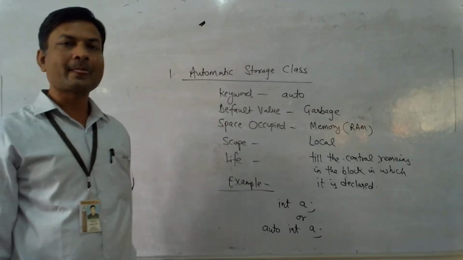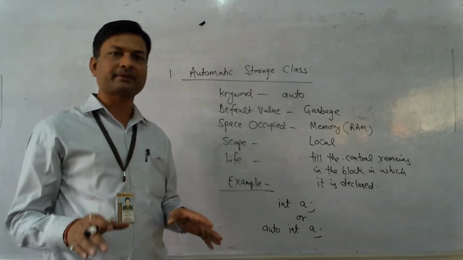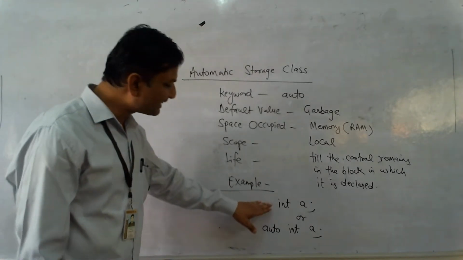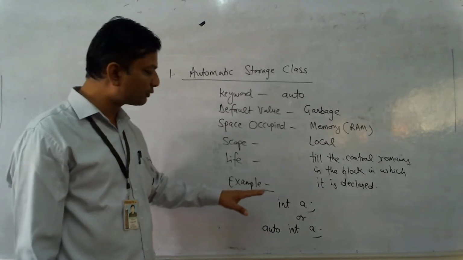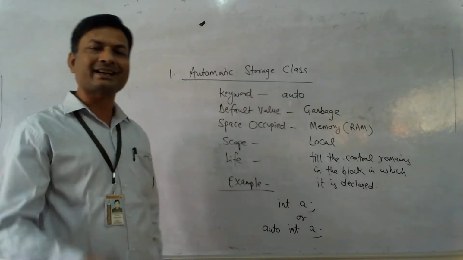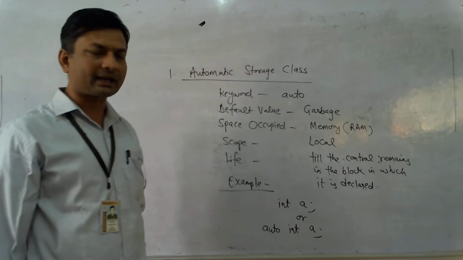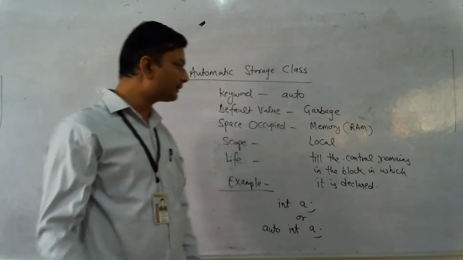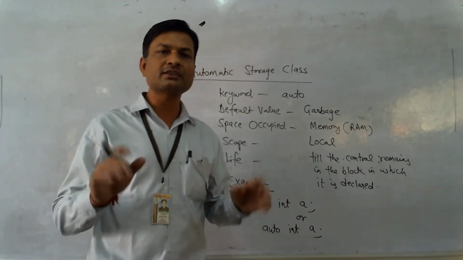It means that all the variables that we have declared till date belong to automatic storage class, because we have never mentioned the name of the storage class. That's the reason I told you that the default value of this variable is garbage, and it will occupy space in memory. Its scope is local and life is till the control remains in the block in which it is declared.